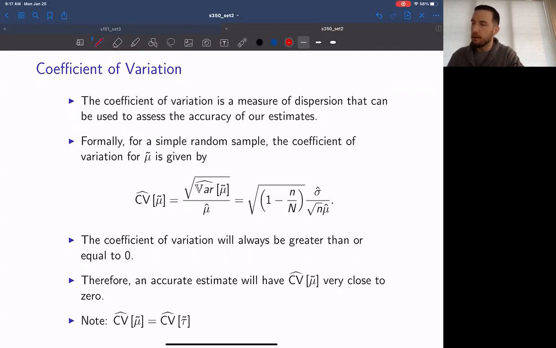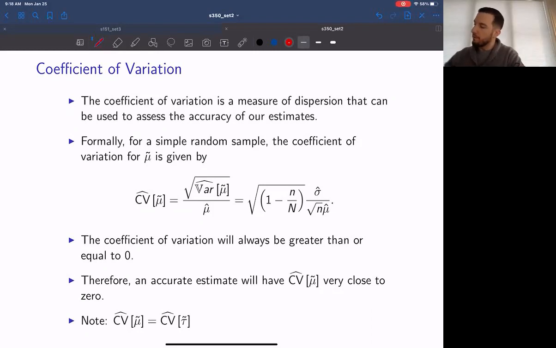Okay, so you can see here, for example, the coefficient of variation for mu tilde is equal to the square root of the variance of mu tilde over mu hat. And that gives us the square root of 1 over n minus capital N, sigma hat over the square root of little n times mu hat. So it's very similar to our standard error formula for mu tilde, except we have mu hat in the denominator here.